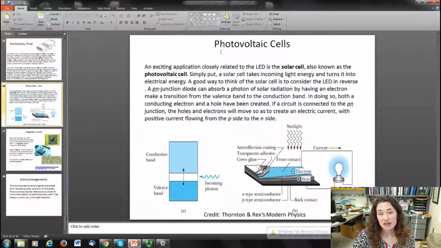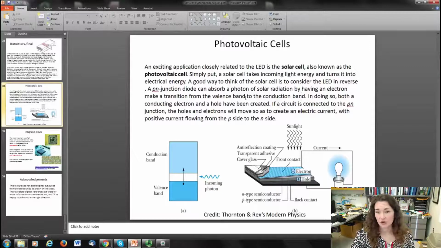Now, photovoltaic cells are another exciting application of semiconducting materials. This is closely related to the light-emitting diode. It's kind of a light-emitting diode in reverse. What happens in a solar cell is it takes incoming light energy and turns it into electrical energy. In this case, you have a p-n junction diode, for example, which can absorb a photon of solar radiation by having an electron make a transition from the valence band to the conduction band.